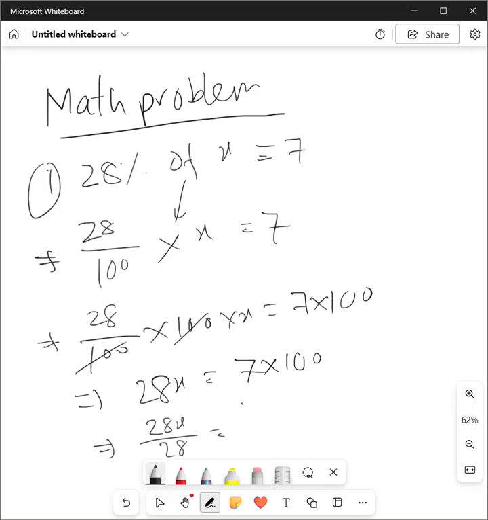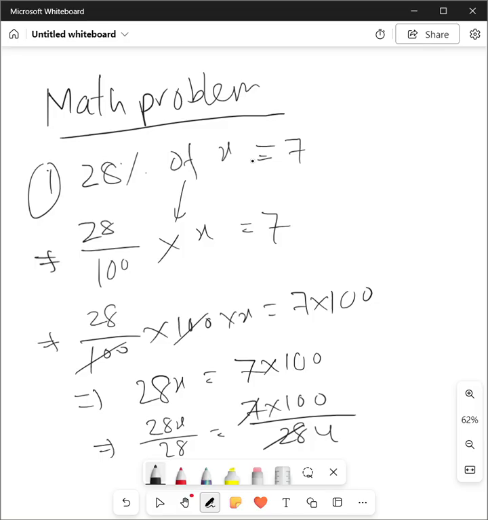So 7 times 100 divided by 28. We know that 7 goes into 28 four times. That means 4 multiplied by 7 equals 28, so if we divide by 4, then we get 7.